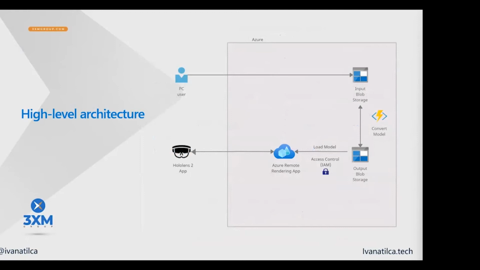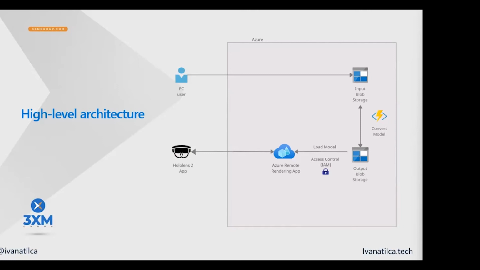We mentioned that the files being uploaded are either FBX or GLTF, and the user will upload the model to a blob storage. Then your application calls an API to convert the model into the R asset, which, as I told you guys, is the format that will be displayed on the render. Then we will have our new file stored in the new blob storage.